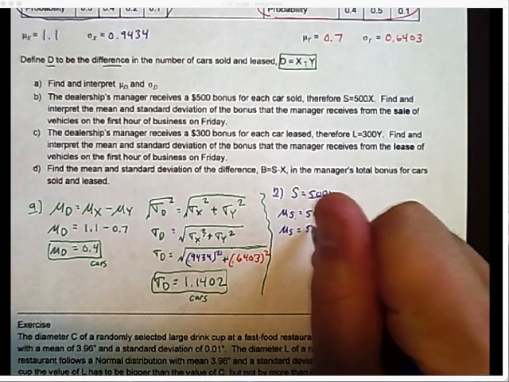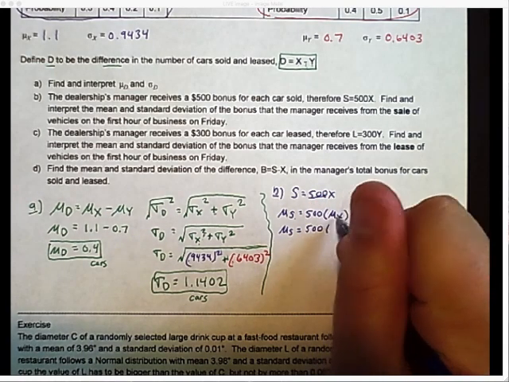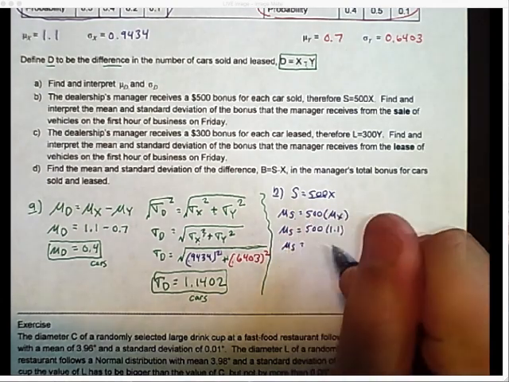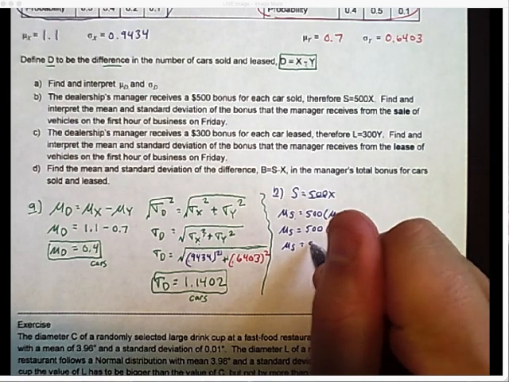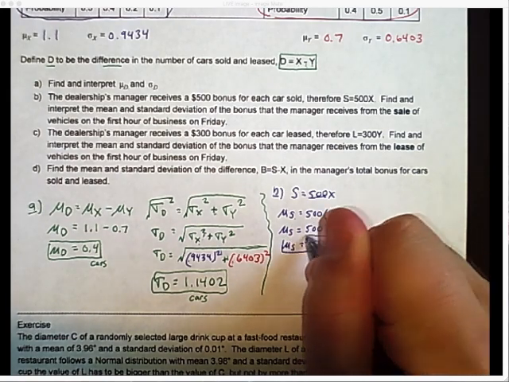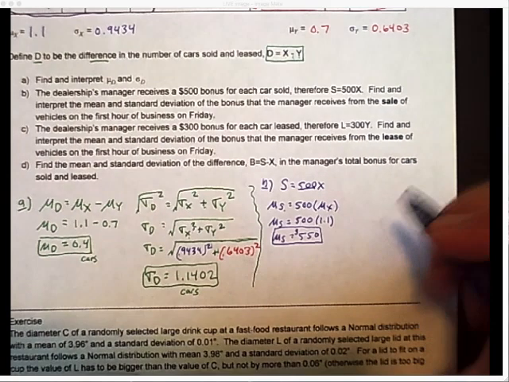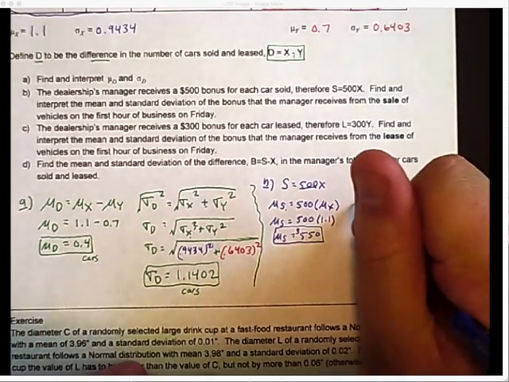So we're going to take 500. Mu of x is 1.1. Let's see, that would be 550. So that's mu of s. That's how much bonus on average the manager receives from selling cars. Now what about sigma s?